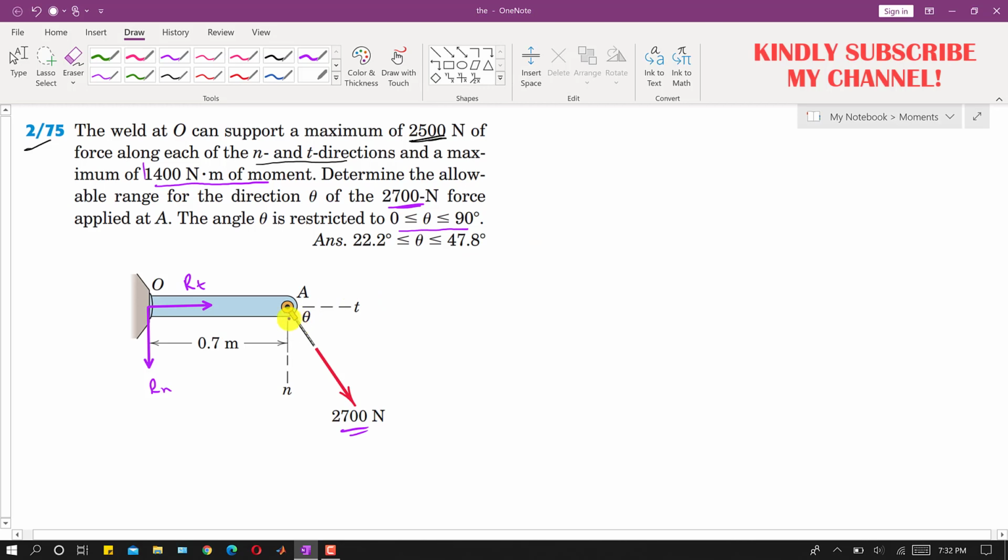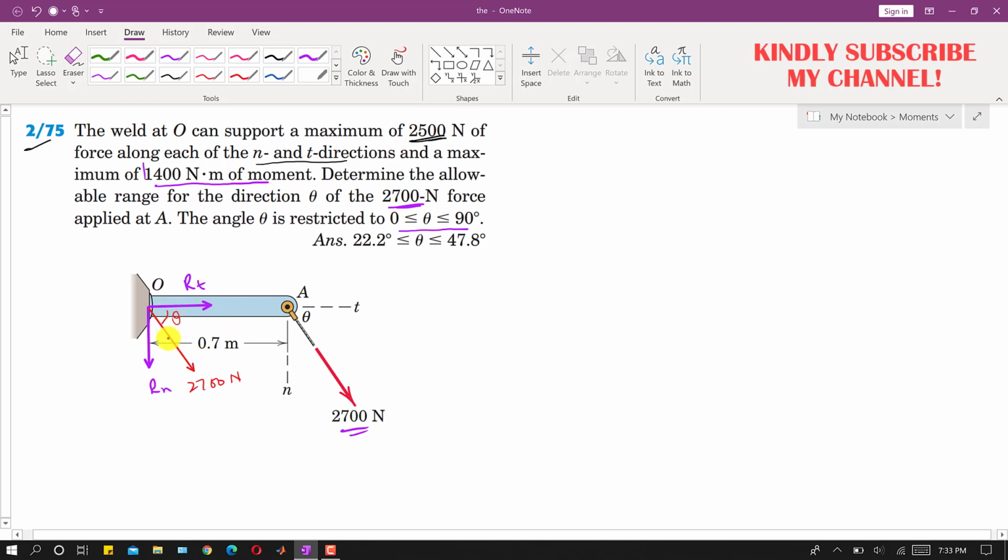So now if we replace this single force by a force couple system at this point O, then we will have this same force acting in this same direction at that point O, and it will have that same magnitude, so this will be 2700 Newton, right? If this is theta, then this must also be theta.